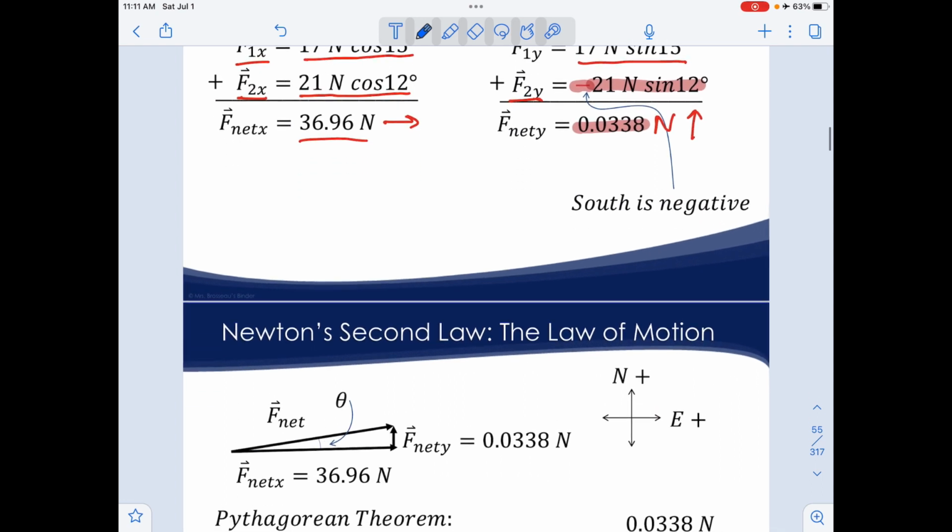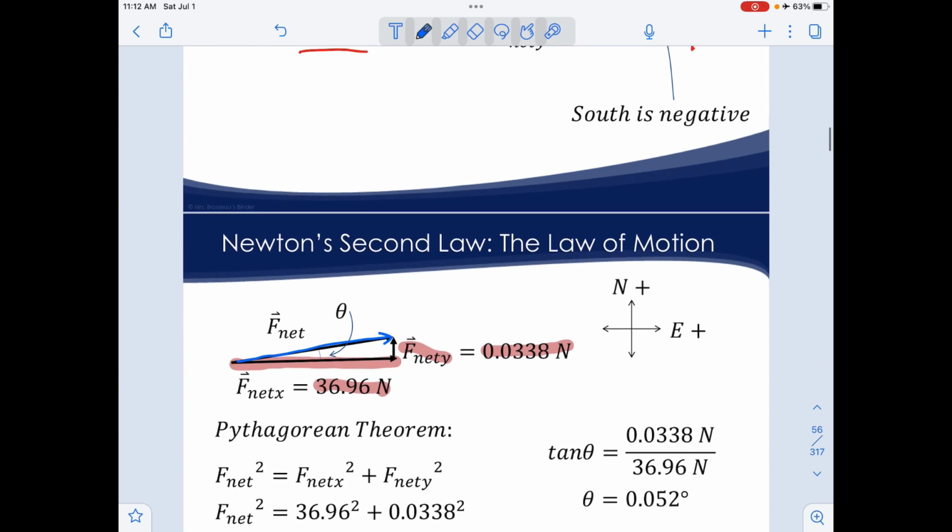So now you have two values. You have your 36.96 newtons this direction, right? We have a little itty bitty F net y, which is this. So then we would do vector addition to get our resultant vector here. We can use Pythagorean theorem to solve for that, or we can use trig.